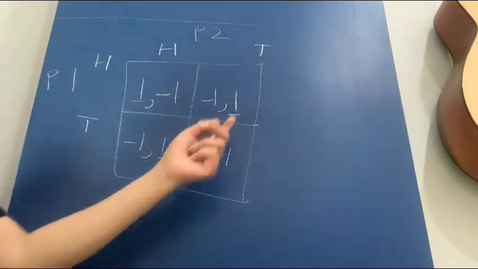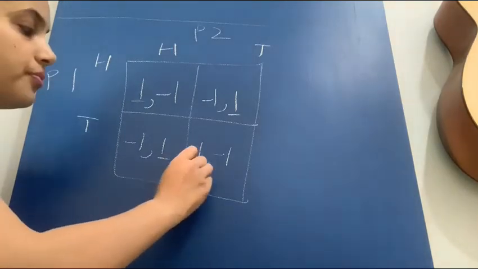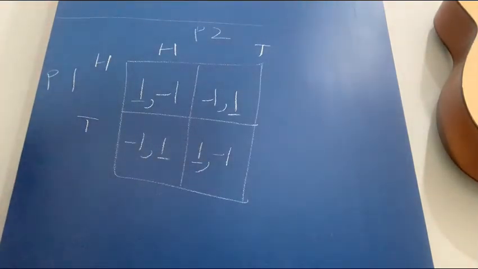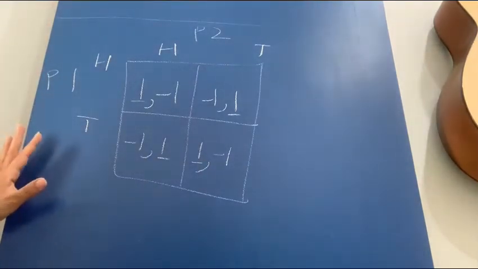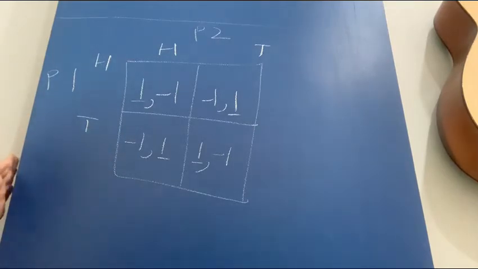If it's tails for player 2, the best thing for player 1 is tails. So there is no Nash in this particular game. That means there is no steady state equilibrium in this game. As we were saying, it is not necessary that every game will have a Nash.